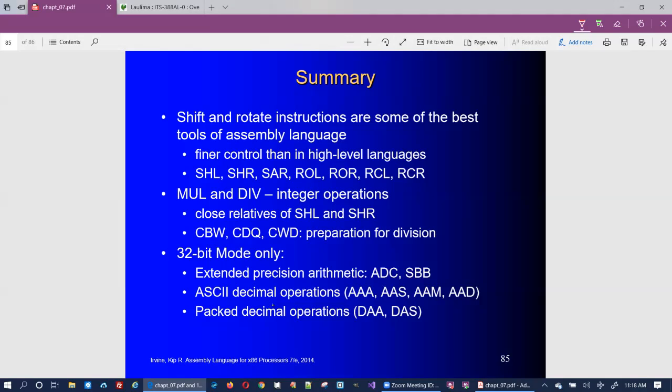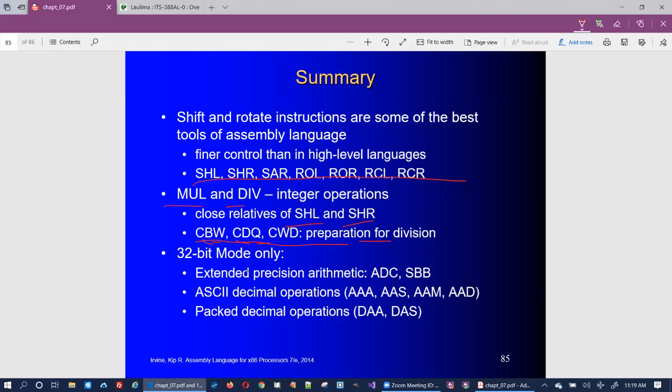So in this chapter, we began, if you remember, talking about shift and rotate instructions, and then we covered the multiplication and division instructions, and these were to extend, to convert a byte operand to a word operand, or a double word operand into a quad word operand, and so on, extending the sign, close relatives of shift left and shift right, because they're sign extended.